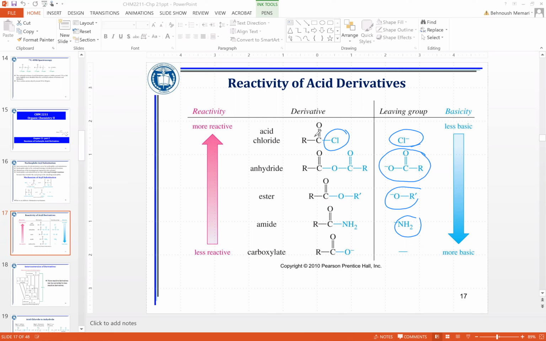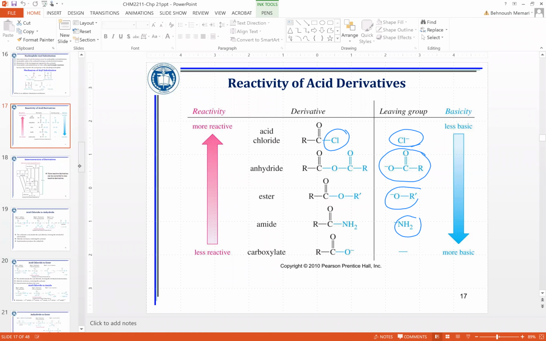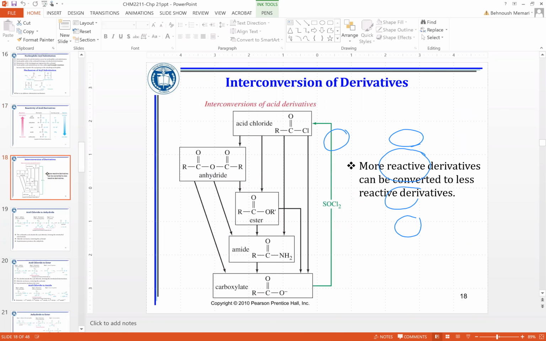So all these reactions between the acid derivatives are interchangeable. One can be converted to the other one, and they are all connected. But if you hydrolyze any of the acid derivatives, you can go to carboxylic acid by hydrolysis.